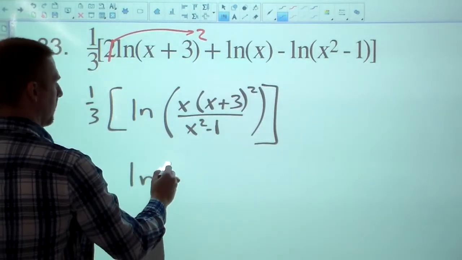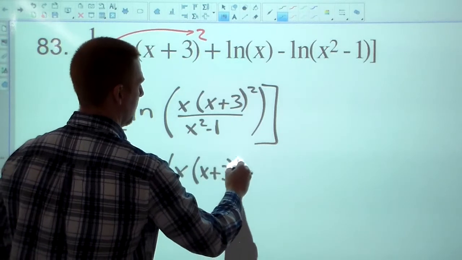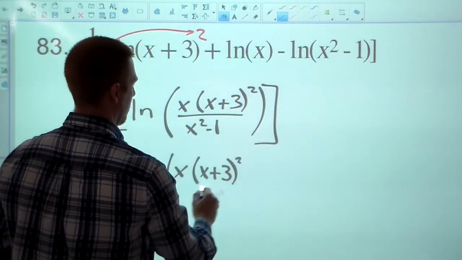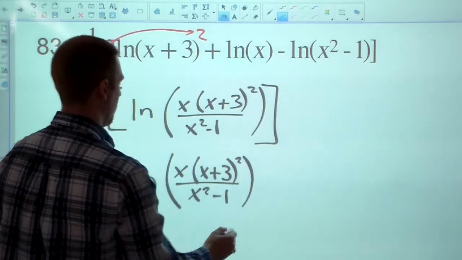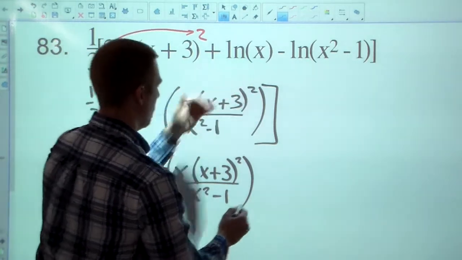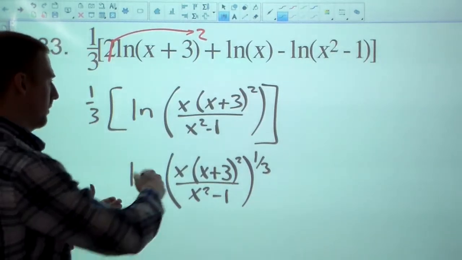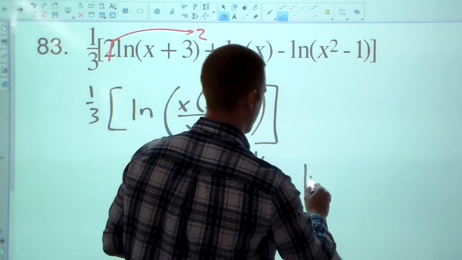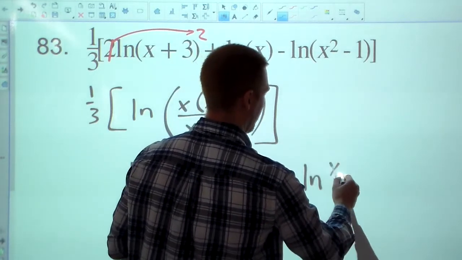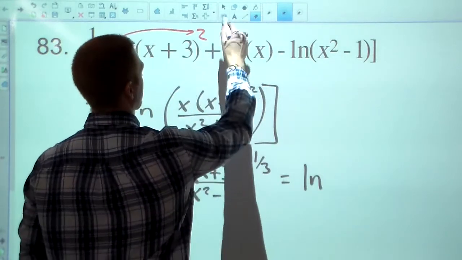So now it becomes log of x times x plus 3 squared over x squared minus 1, and all of this stuff is to the 1/3 power. And I think the book actually put it underneath a cube root or a radical. So these are both okay. I'll write it out that way like the book did it and circle it. So you can see both of these are good to go.